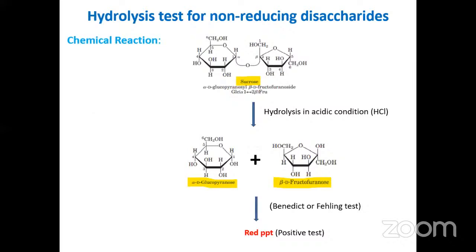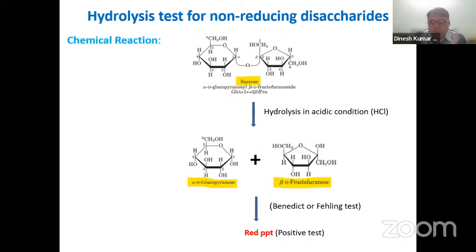So this is the chemical reaction of the sucrose molecule. See in this, the aldehyde group at carbon number 1 in glucose and the ketone group in the fructose are bound together, and there is no free aldehyde or ketone group, so the sugar is a non-reducing sugar.